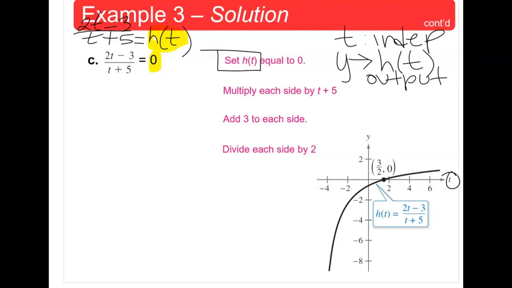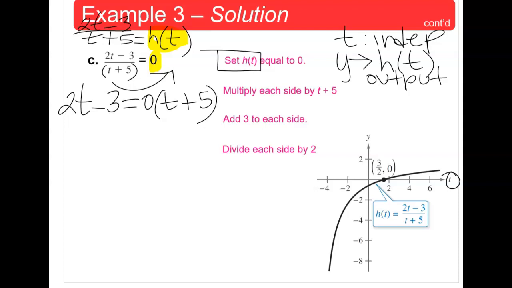And the best thing for me to do will be to take the t plus 5, which is in the denominator, is dividing the other stuff on top of the fraction. So if I take that whole thing across the equal sign, it's going to perform the inverse operation. And that inverse operation is multiplication, you know very well. So if you multiply 0 times something, it's just going to be equal to 0. So it's kind of nice to have that.